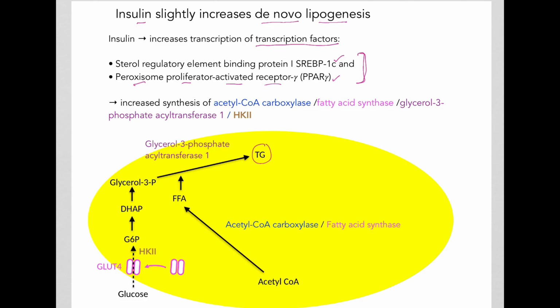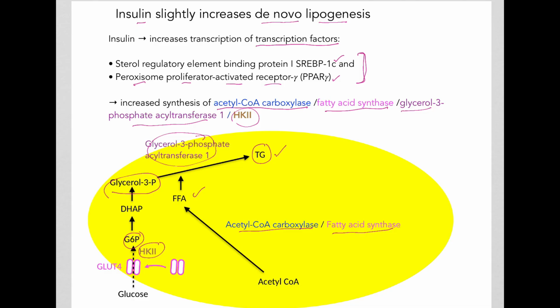And these enzymes include acetyl-CoA carboxylase, fatty acid synthase, glycerol 3-phosphate acyltransferase, as well as hexokinase 2, which converts glucose to glucose 6-phosphate, providing the glycerol necessary for esterification of the fatty acids to triglycerides.